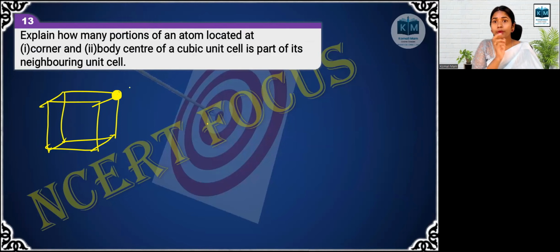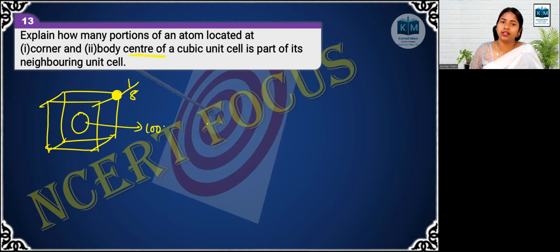In a small cube, one corner atom is shared among 8 unit cells, so the corner contribution is 1 by 8. But if it is present at the body center of the cube, it is not shared with any other unit cell, so its contribution is 100%, that is 100 divided by 100, which is 1.